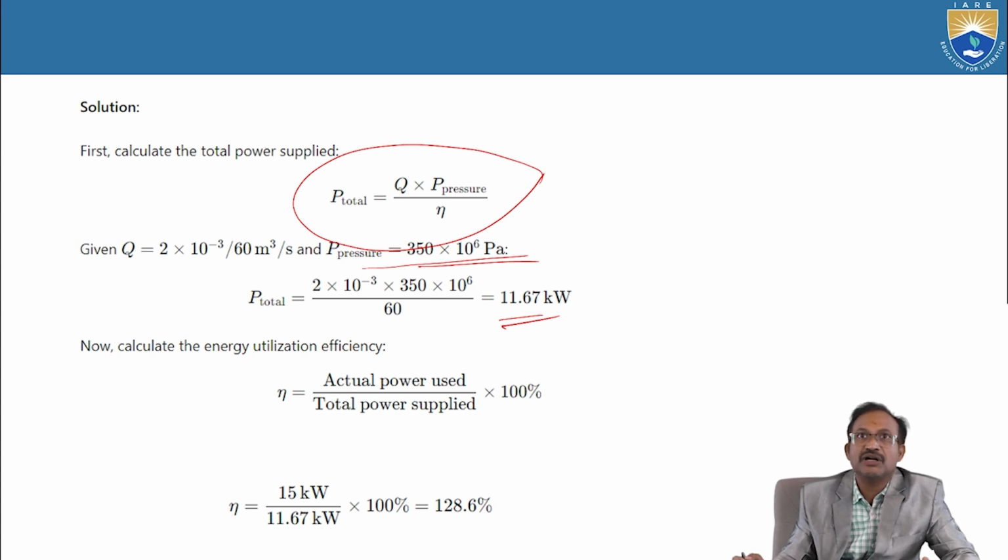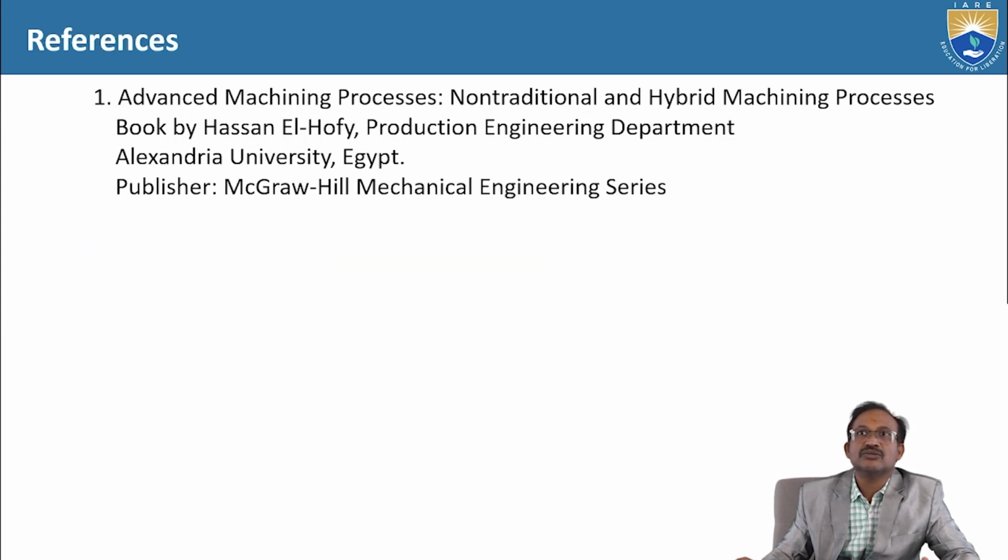Now efficiency equals actual power used divided by the total power supplied times 100%. The actual power used is 15 kilowatts and total power supplied is 11.67, so this is 128.6%. So the percentage of energy utilization is very good.